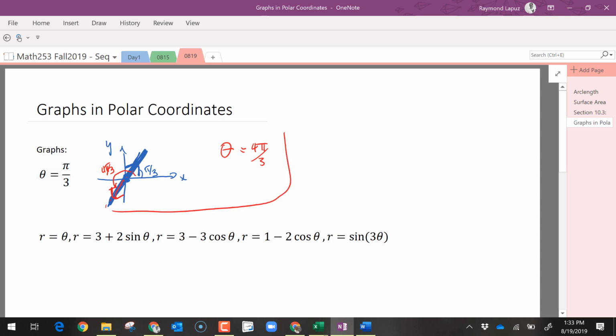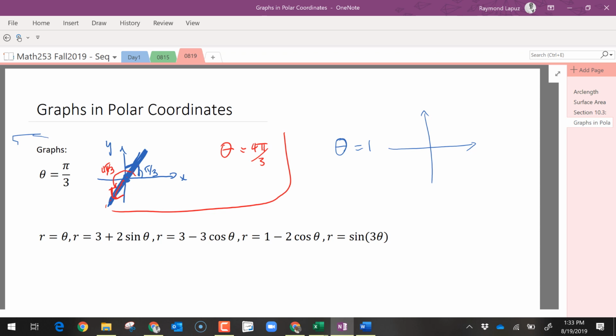Remember that your radian measurement is just a number, and pi over 3 and pi over 2, you can punch that into calculators and figure out what they're equal to, right? So if I ask you to graph theta equal to 1, you just have to figure out what angle it is.